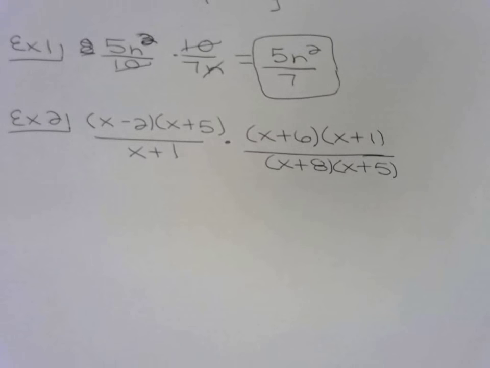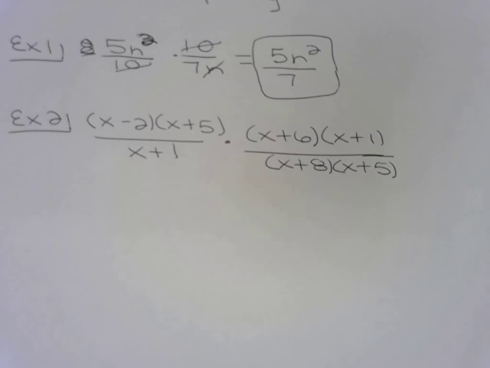This looks complicated, but I'm multiplying two rational expressions. What's nice that I notice already about these fractions? They're already what? Which means they're already factored. They are written as things times each other.